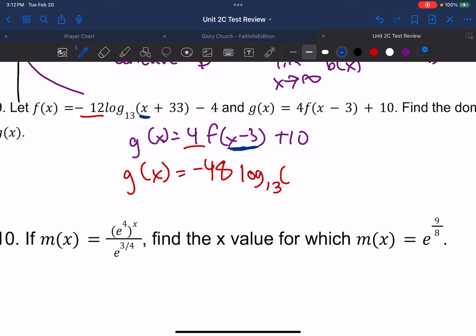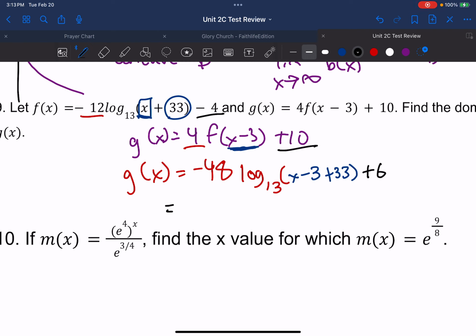So x minus 3 goes wherever x is here. So I've got x minus 3. And then there was already a 33, so I've got plus 33. And then at the end, I've got minus 4 and plus 10. So it's going to combine to plus 6, okay?